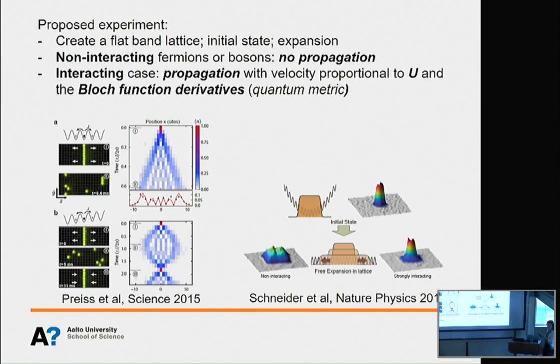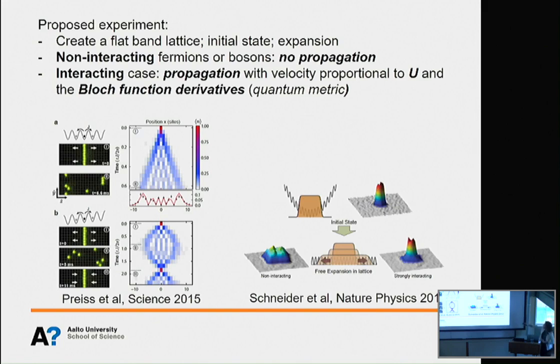Usually when you put on interactions, you have this t squared over U type of slower propagation. Now it should be much faster than in the non-interacting case, and it should be proportional to the interaction. So you tune that knob and it should go faster.